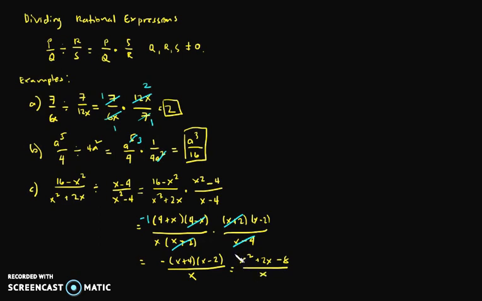But don't forget to distribute the negative sign. So the final answer will be negative x squared minus 2x plus 8 all over x.